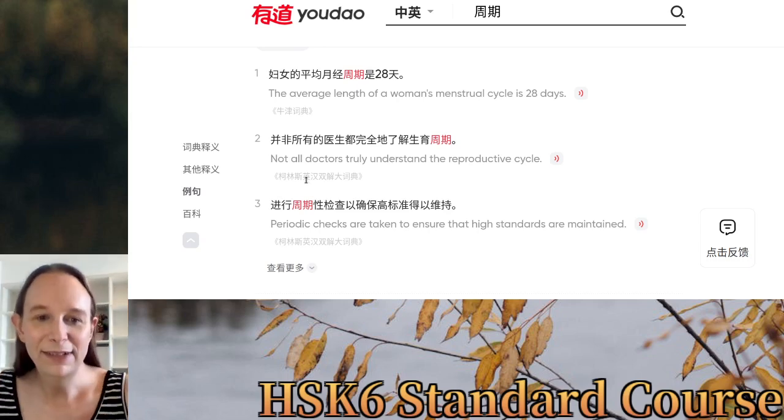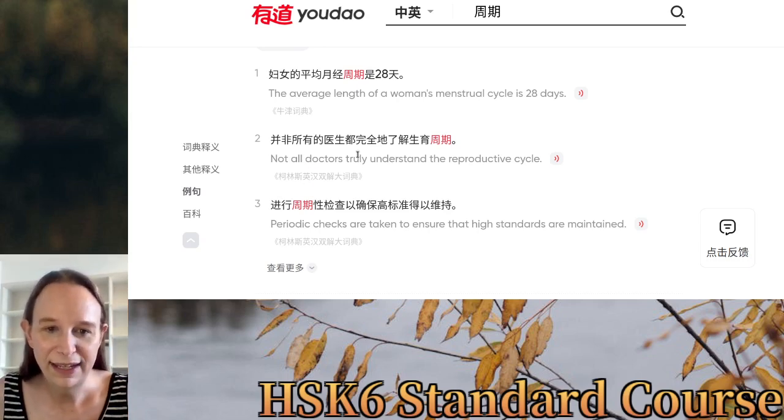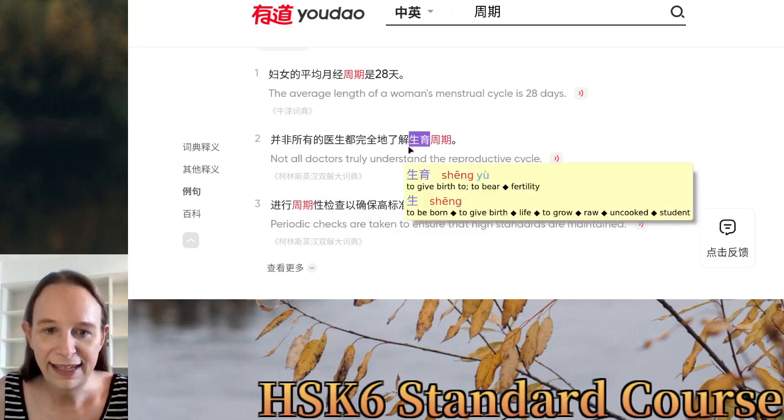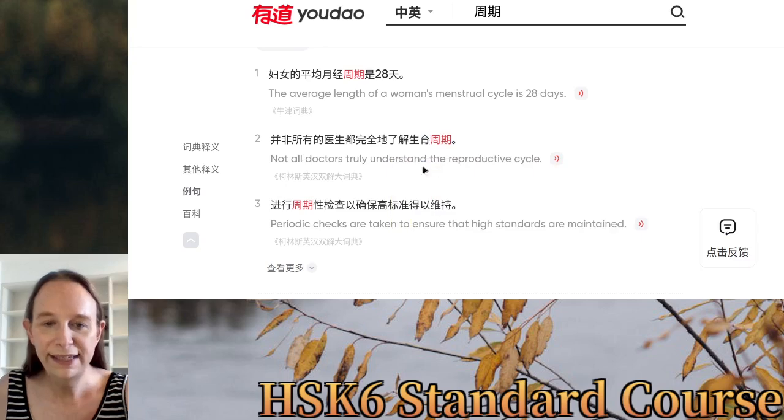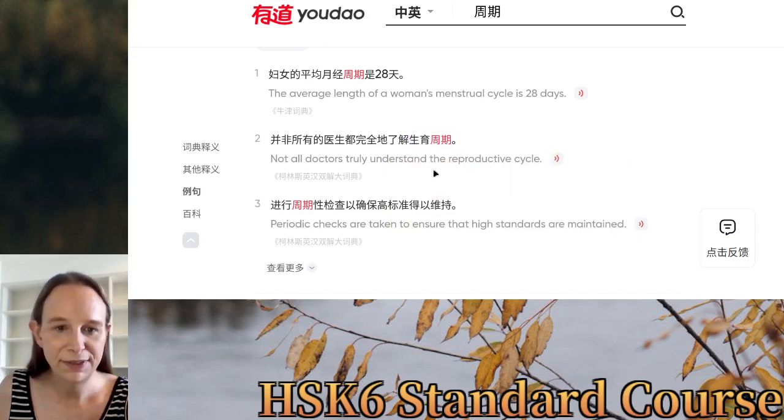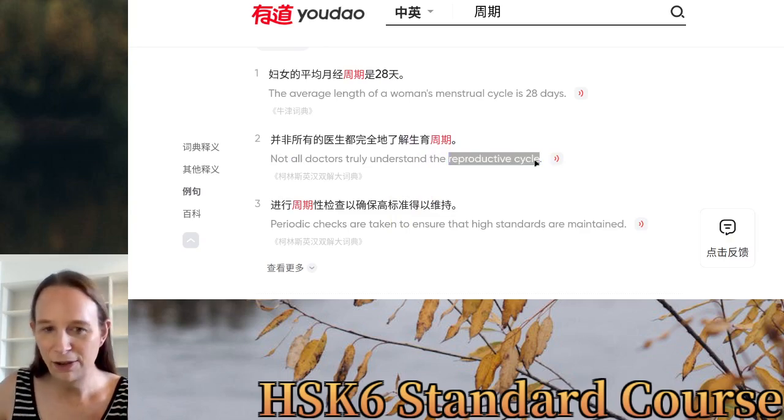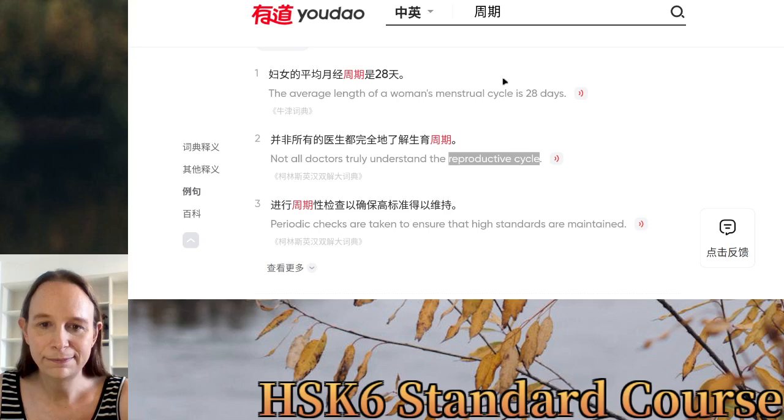并非所有的医生都完全的理解生育周期, so reproductive cycles. So not all doctors. So here we're talking about like ovulating, is it?